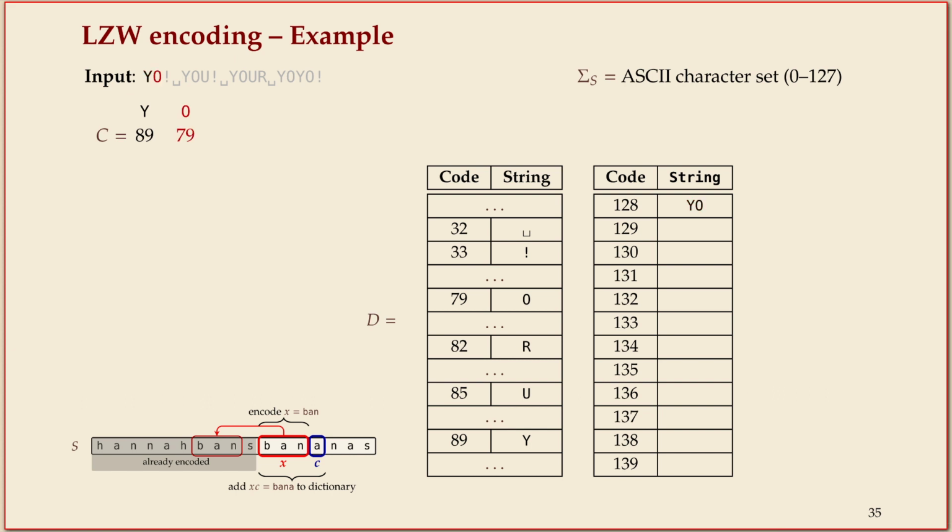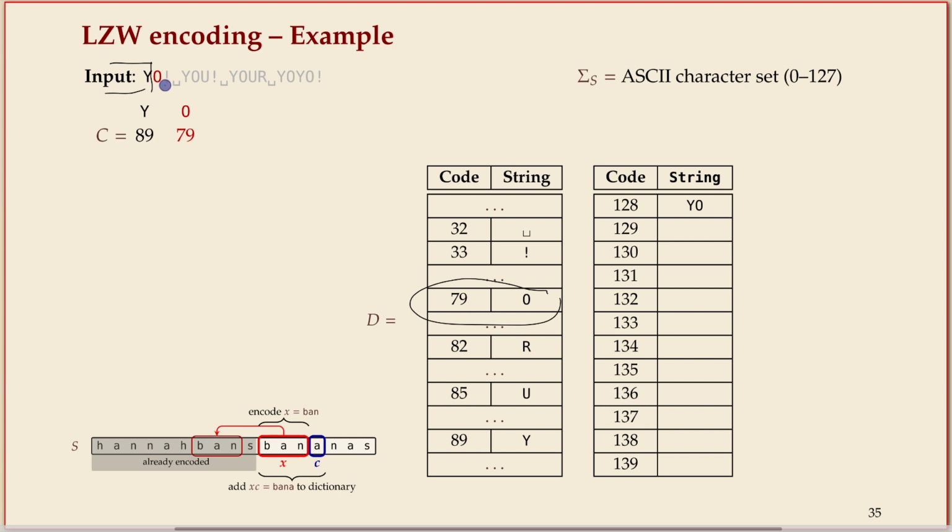Then we keep going. We have now encoded everything to the left of this. Now we find the longest thing that we've seen so far that occurs here. We only have a longer thing that's yo, and this is not yo because it starts with O. So the best thing we can find is just a single O. That's why we get the code word 79. But we have to add something new to the dictionary again. Same game as before.